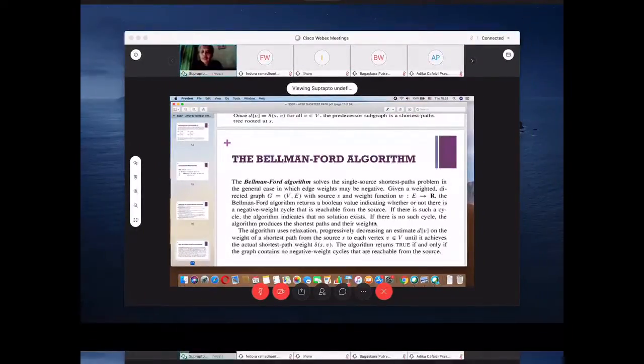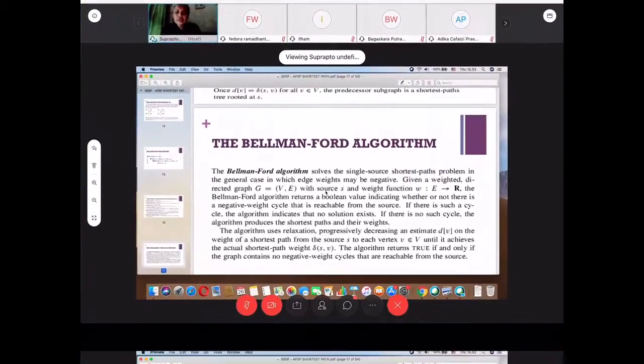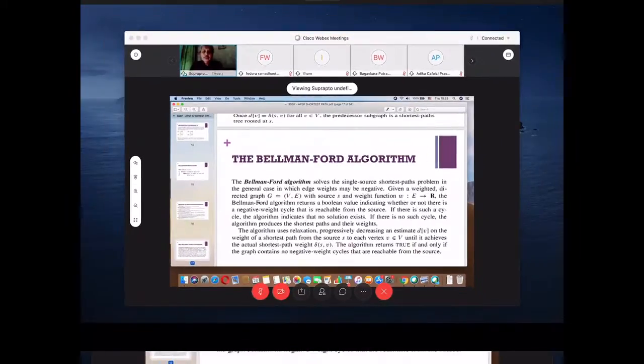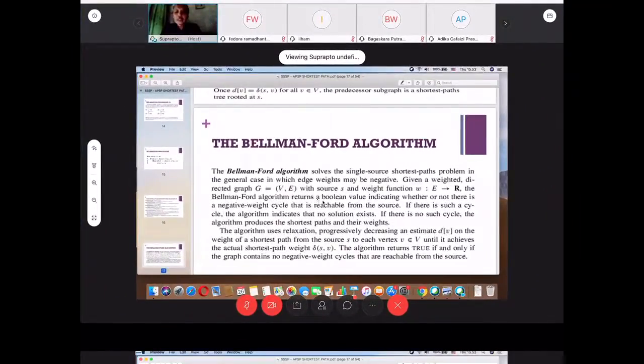So, when we are given a weighted directed graph G with source S and weight function small w from E to R, the Bellman-Ford algorithm returns a Boolean value indicating whether or not there is a negative weight cycle that is reachable from source. So, the return value is a Boolean value, either false or true, indicating whether or not there is a negative weight cycle that is reachable from source.